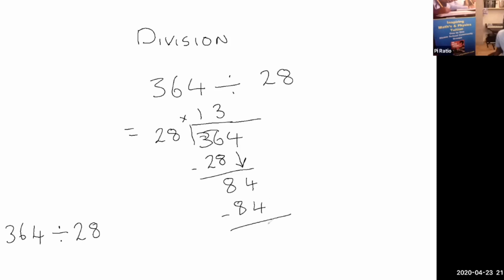Minus, that leaves you with 0. So your answer is equal to 13. It's really all about following the process. When you're doing division, it's really important that you know about your times tables, a little bit of adding, and also a little bit of subtraction.